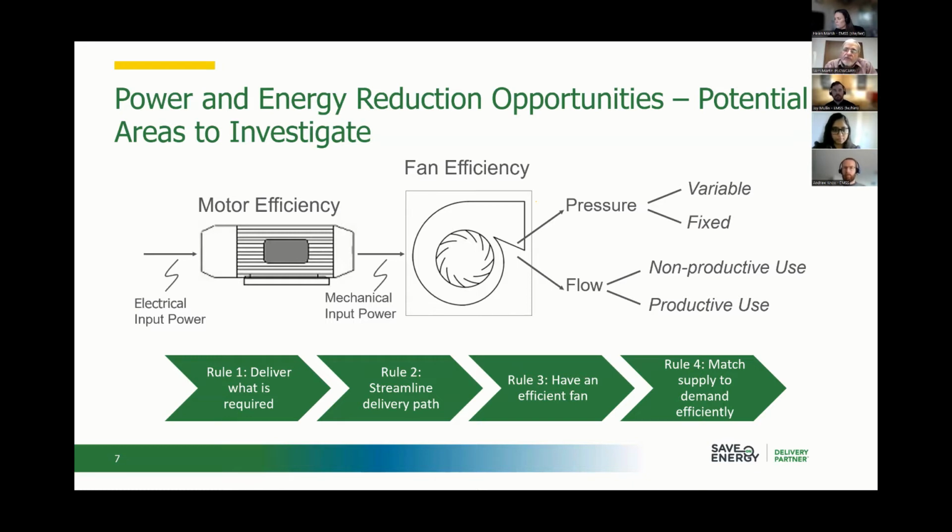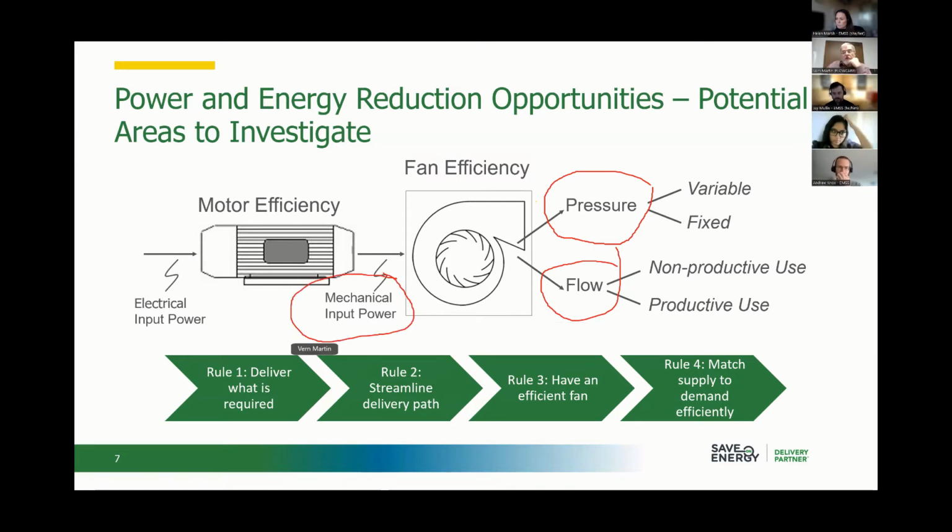Now, the fan efficiency, like any other efficiency, is a ratio of output to input. The output is pressure and flow, and the input is mechanical power.